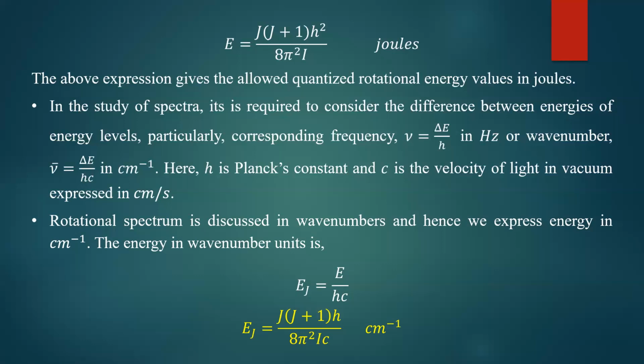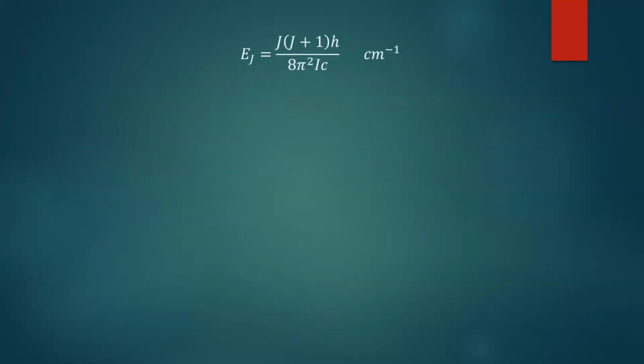So the energy of a rotating diatomic molecule, or the rotational energy levels of the diatomic molecule, is given by E_J equal to J into J plus 1 h divided by 8 pi square Ic, in centimeter inverse unit.